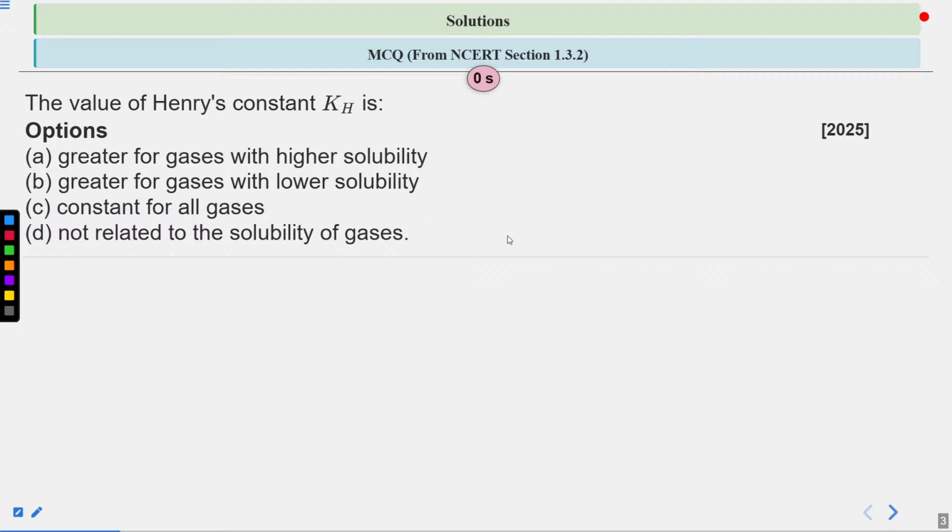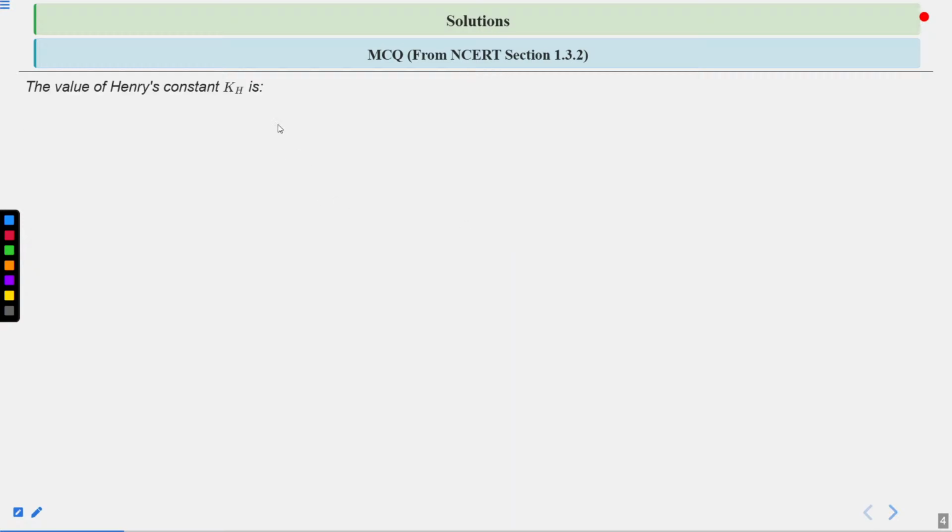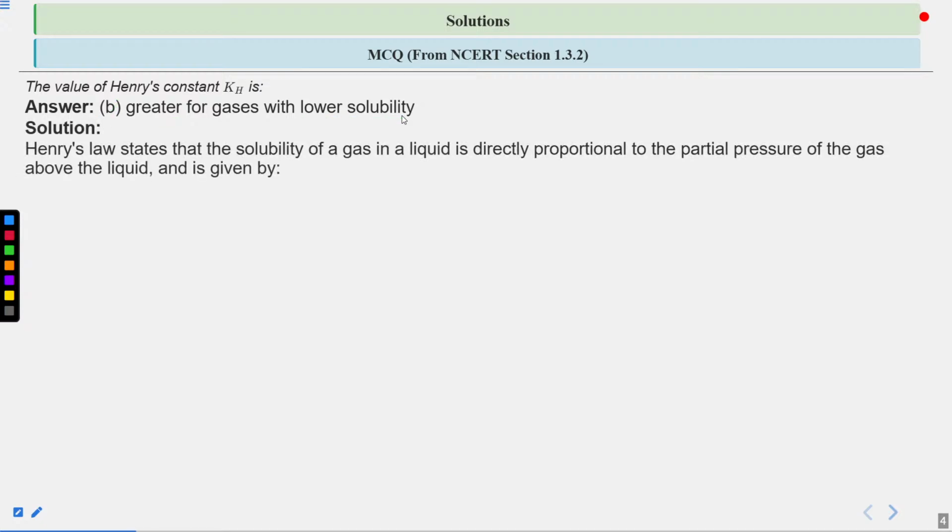Okay, so let's see. For this given question, the correct answer is option B, that is, greater for gases with lower solubility. Now, Henry's constant, we covered this in Henry's law, which states that the solubility of a gas in a particular liquid is directly proportional to the partial pressure of the gas above the liquid.